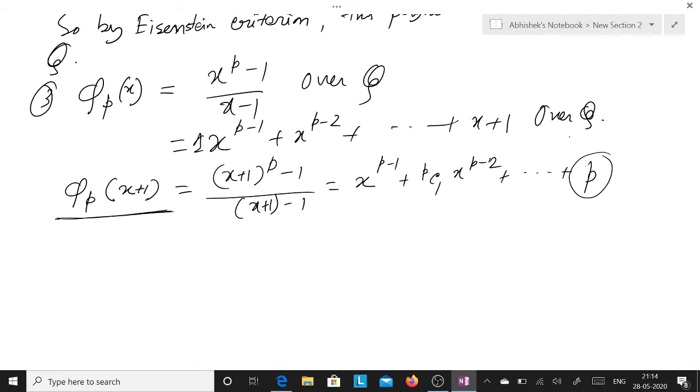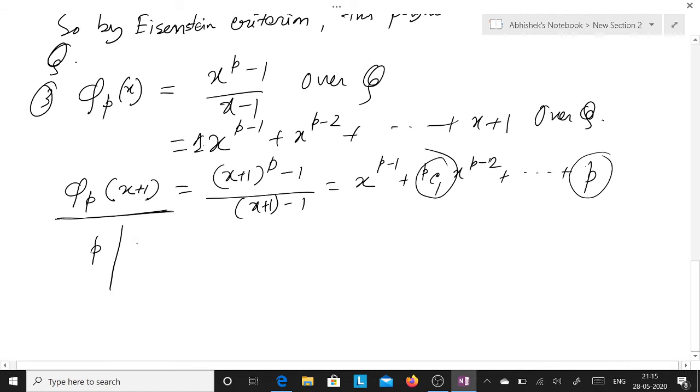And using this prime p, you will find that p will divide all those coefficients of the terms x to the power p minus 2, x to the power p minus 3, and up to the constant term.